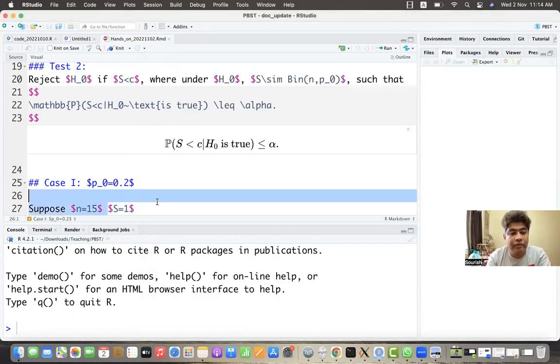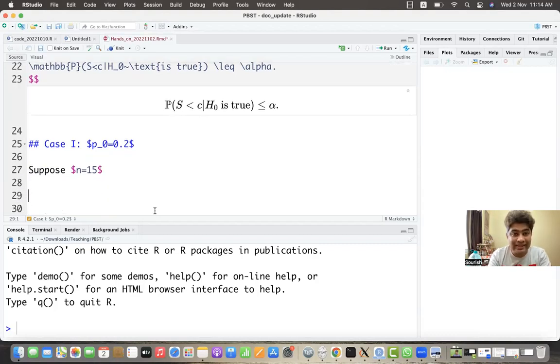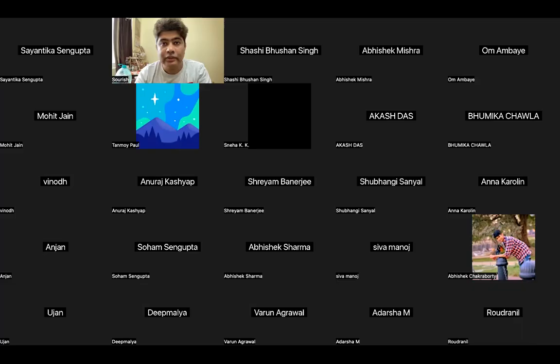For n equal to 15, can you compute the statistical power of test 1? So the question is, how do we calculate the statistical power? Let me go back to the theory.